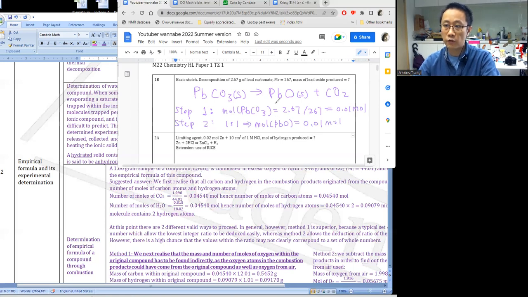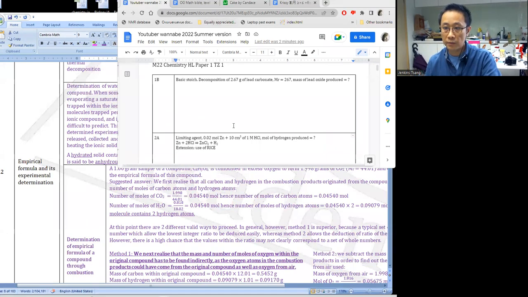And then the last step is to convert lead oxide back into the number of grams by multiplying it by its molar mass, which is not directly given in the question, but of course you can always look up the periodic table. The atomic mass of lead is 207. You add the oxygen, 207 plus 16, and that's 223 times 0.01, so 2.23 is the answer. And that will be choice B.